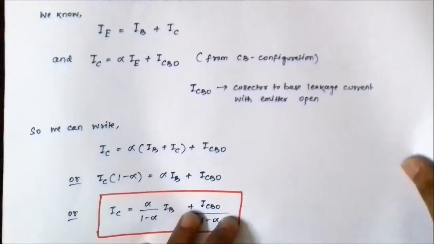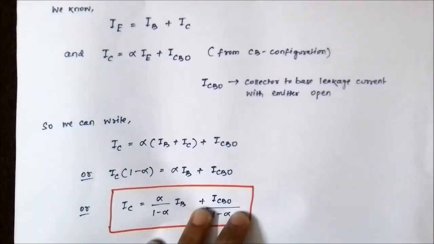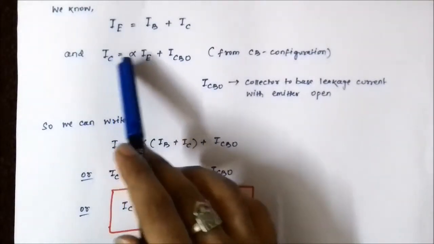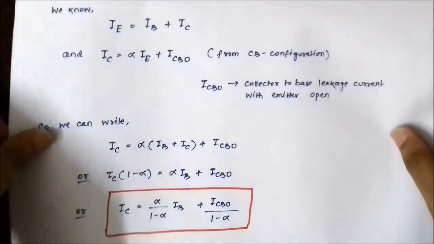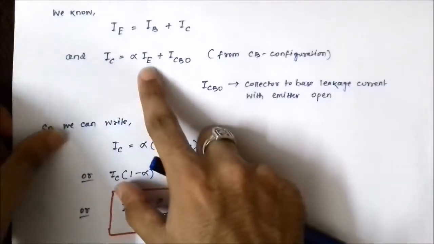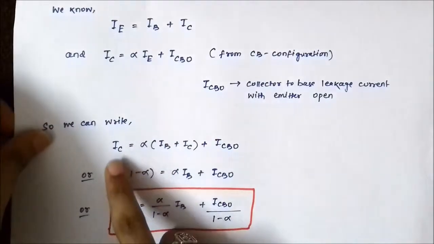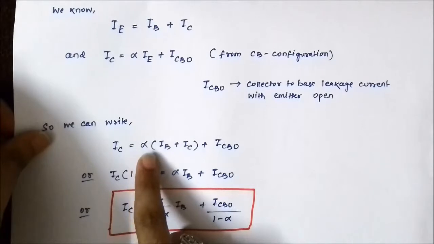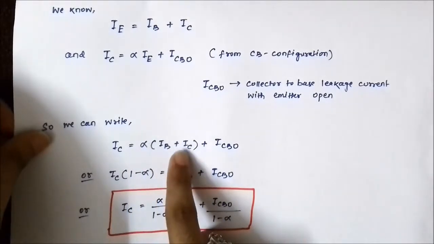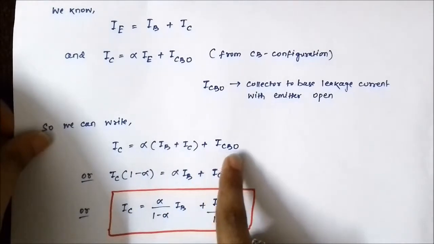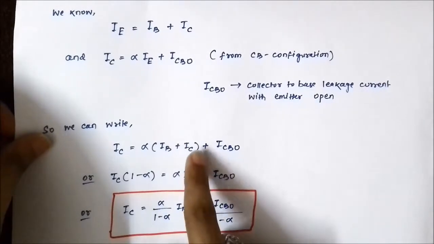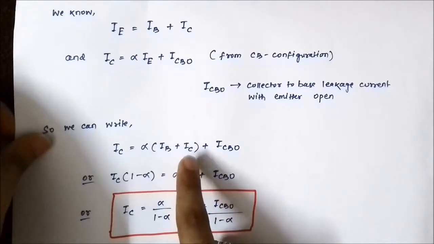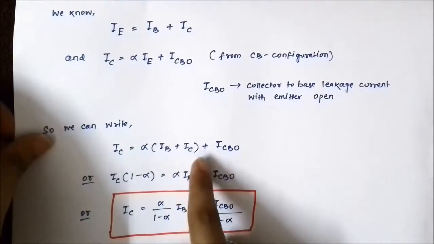So next, we put this expression IE is equal to IB plus IC here. So we get IC is equal to alpha into IB plus IC, which is IE, plus ICBO. Now what we did is that we took the alpha IC part towards the left.